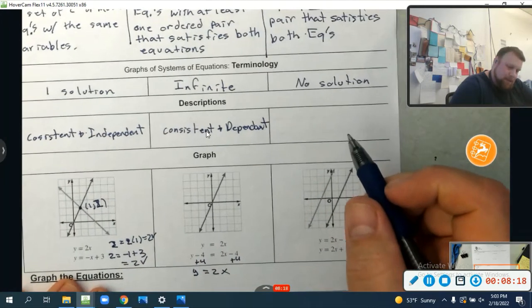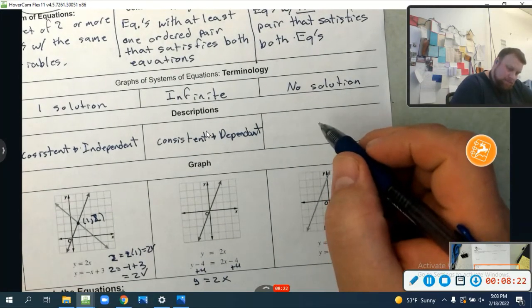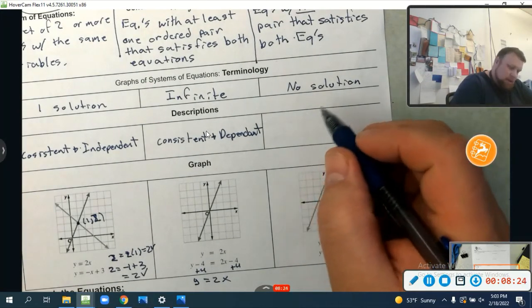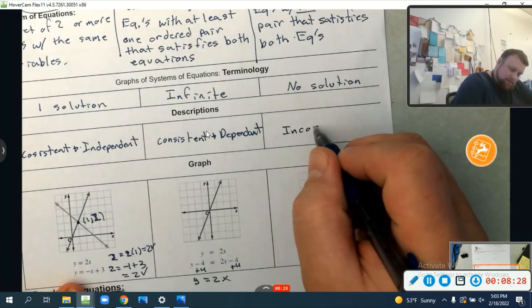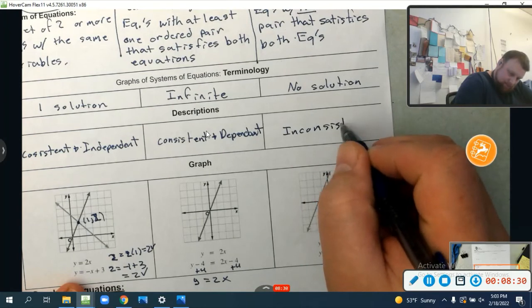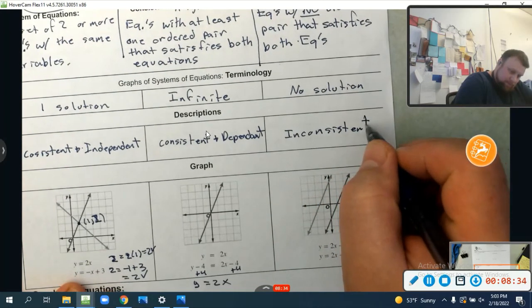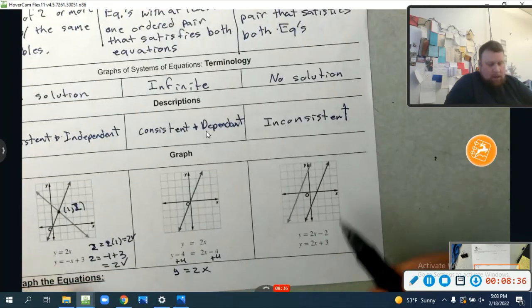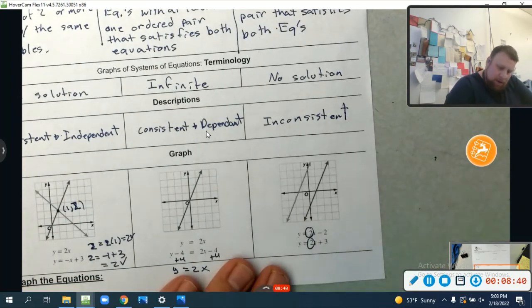Okay? And the last but not least one right here is no solution. No solution is inconsistent. And why is it inconsistent? Well, what do we notice here? Do you notice how they have the same slope right here?